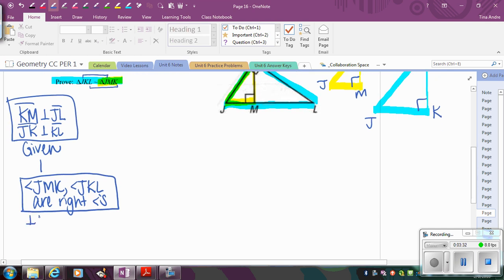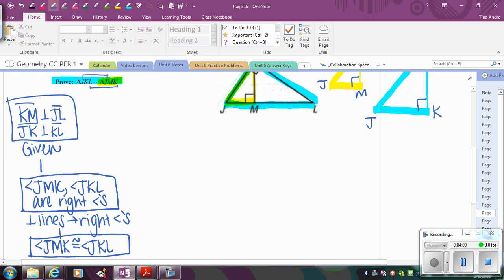Perpendicular lines form right angles. And then since those angles are right angles, we want to say that we have congruent angles. So I can now say angle JMK is congruent to angle JKL.